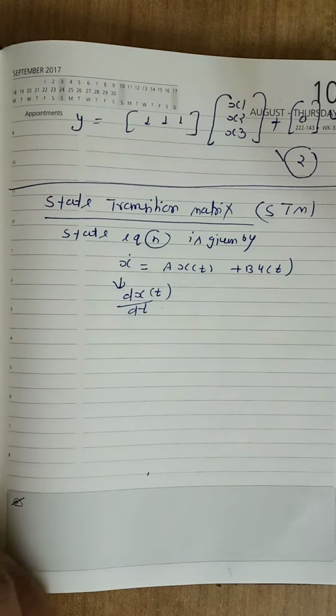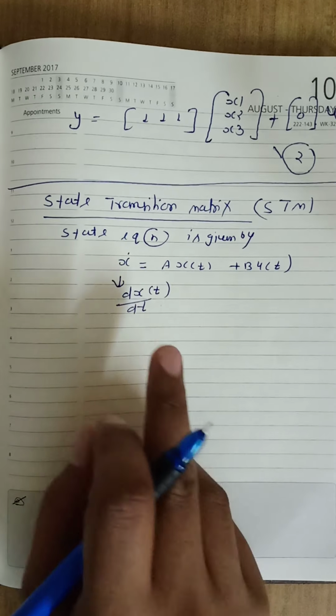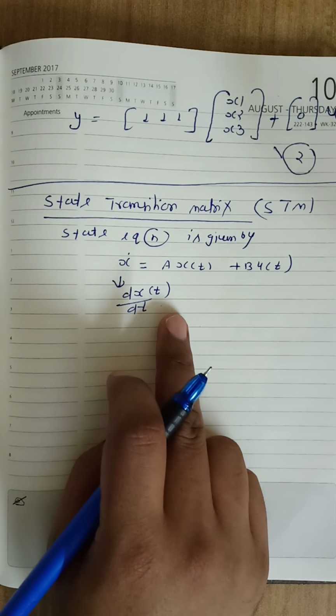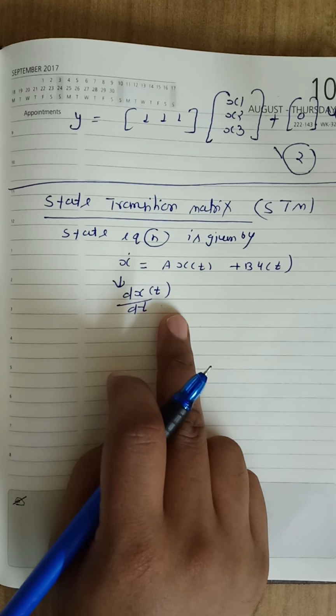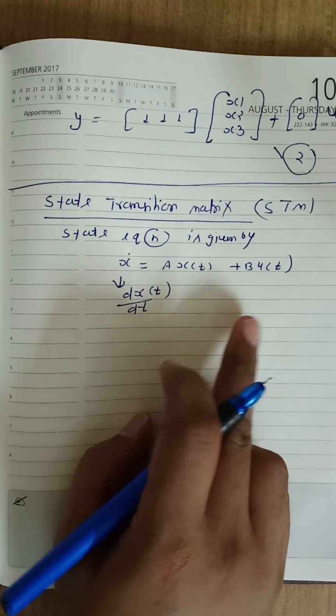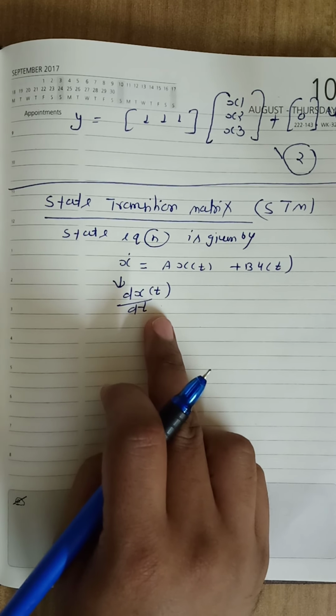You know, the equation is linear time invariant and the time solution may be obtained either using Laplace transform or classical method. The solution of a state equation is termed as the state transition equation, describing the change of state of a system with respect to time.